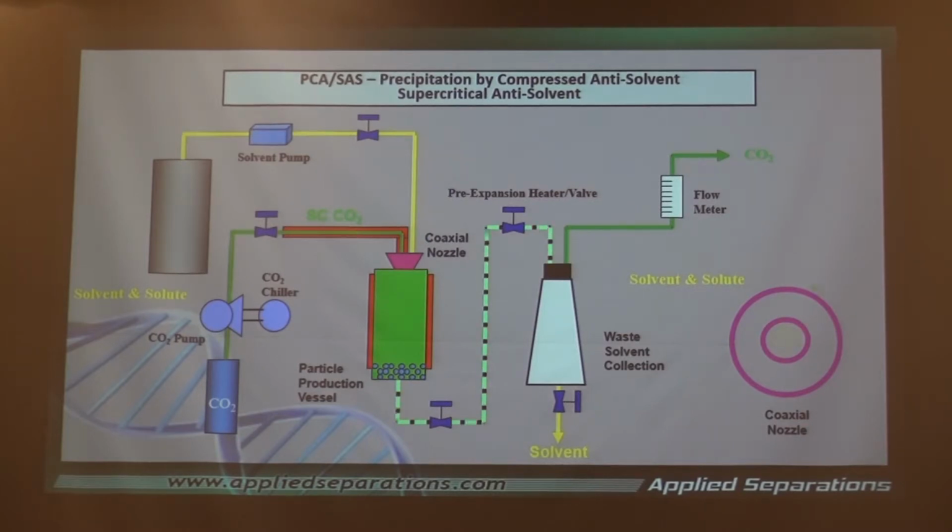The solvent and the solute are in the center, and the CO2 is on the outside of the nozzle. We spray it that way. The important part is the mixing and the interface that you get with the nozzle. It's just another technique. We're still using the anti-solvent technique here.